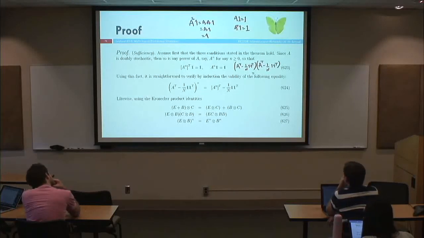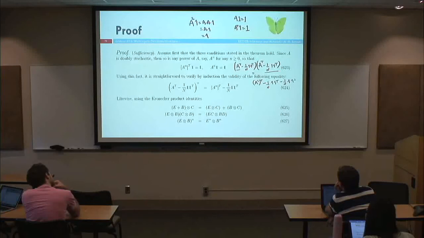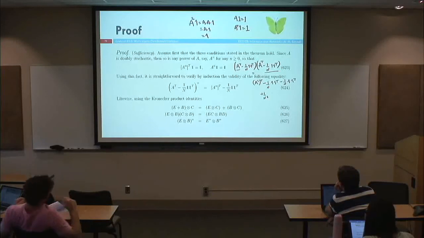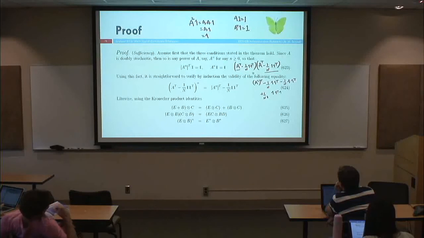Expand it. So you will get A squared, minus A times 1 over n, 1 1 transpose, right? A transpose times 1 gives you 1 again. So minus 1 over n, 1 1 transpose. The same thing for the other side. Then plus 1 over n squared, 1 1 transpose 1 1 transpose.